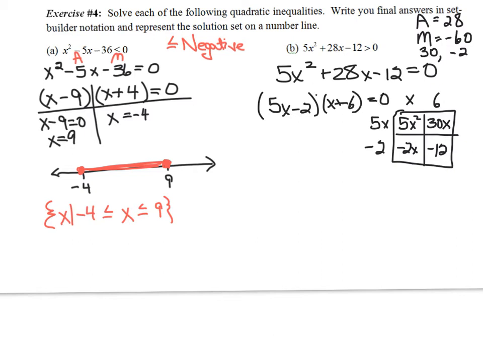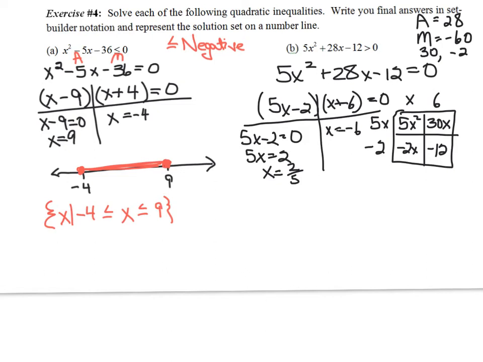Setting those equal to 0, I see that my zeros are going to be 5x minus 2 equals 0. So 5x is equal to 2, and x is equal to 2/5. The other factor, x plus 6 equals 0, so I get x is equal to -6.